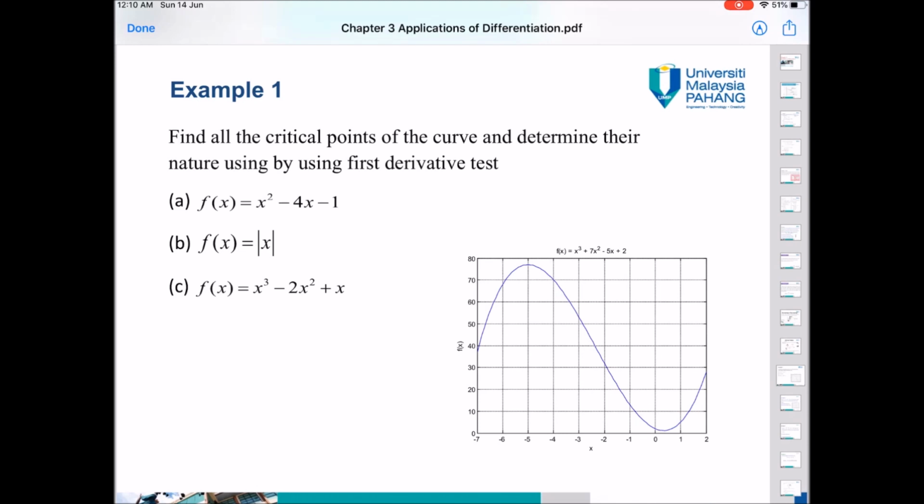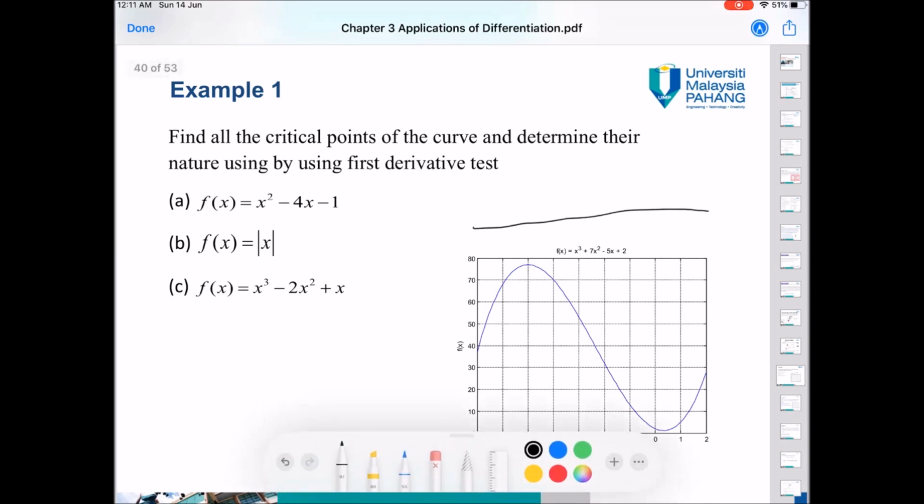If you can see from the graph here, you know that this is the maximum point, and this one will be the minimum point. Please find the maximum point value and the minimum point value.